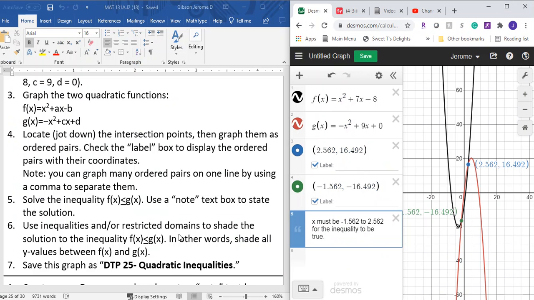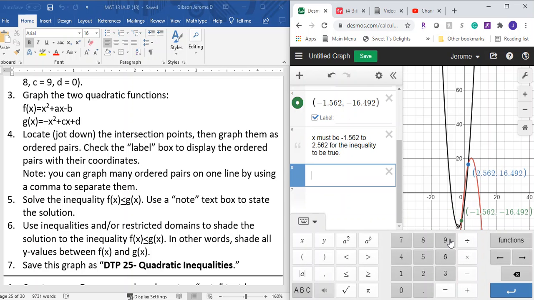Now it says here, use inequalities and or restricted domains to shade the solution to the inequality f of x is less than or equal to g of x. In other words, shade all y values between f of x and g of x. So what you're supposed to do here, you just go f parenthesis x, and then it's supposed to be less than or equal to, so we have to hit this less than or equal to g of x.